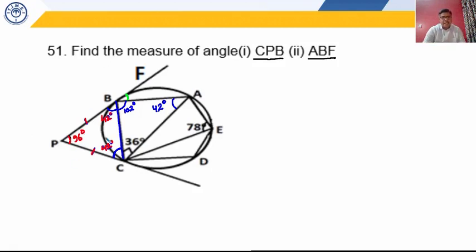So 42 plus 42 is 84 and 84 and 96 is 180 degree. Now this angle is 42. This angle is 102. So 144. So measure of this angle is 36 degree. Can I say? 36 degree. I hope this is fine. Alright. So answer is 96 degree CPB and ABF is 36 degree.